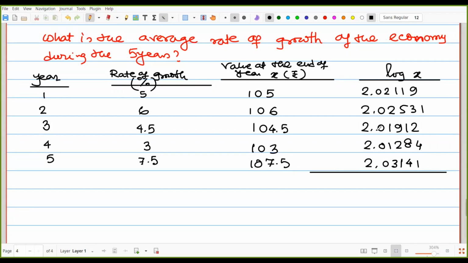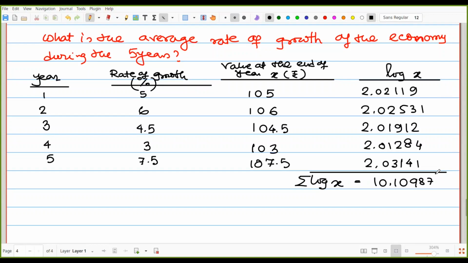We have to find out the summation of all the logs. So the sum of log x is equal to 10.10987. Already discussed, we can find out the log and find out the GM.